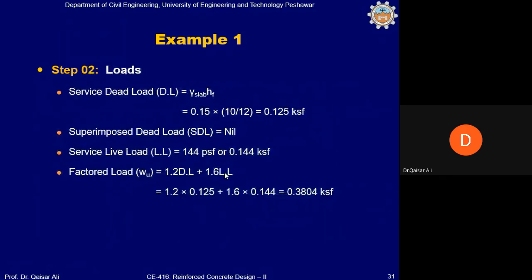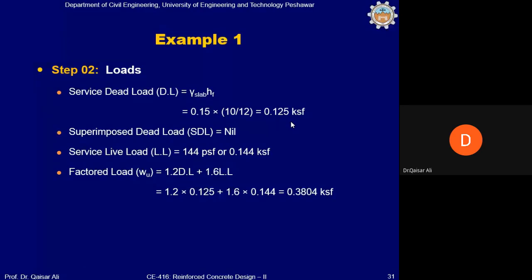In the calculation of load, the service dead load: the slab is 10 inch thick. 10 divided by 12 times the density 0.15 kip per cubic foot will give us 0.125 kip per square foot, or 125 pound per square foot.